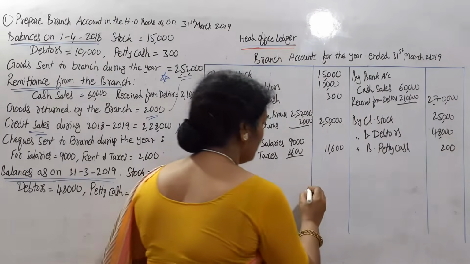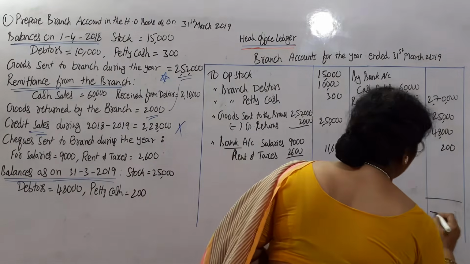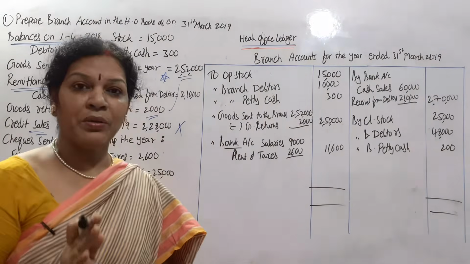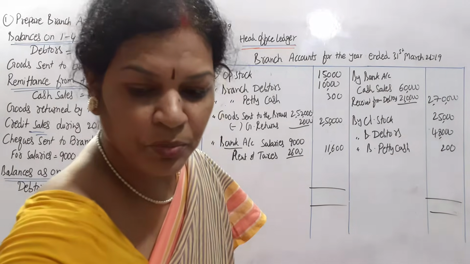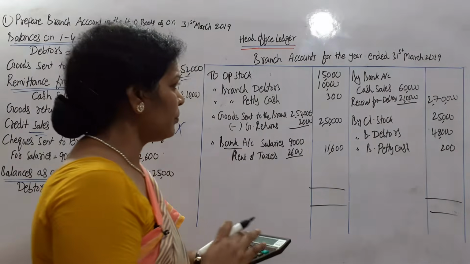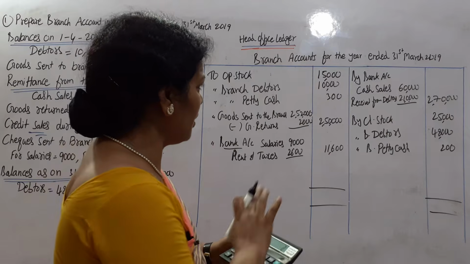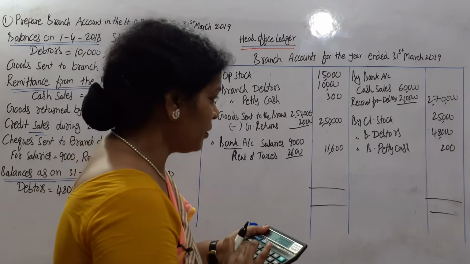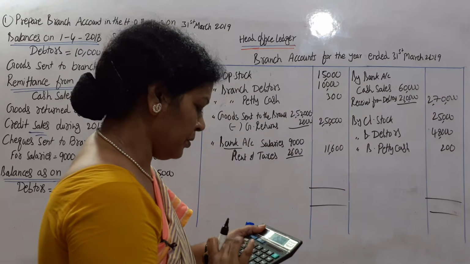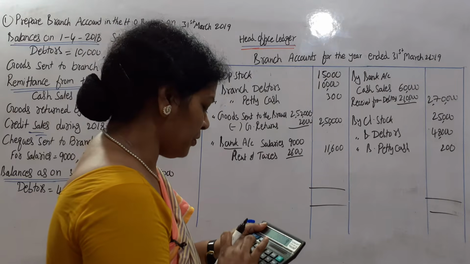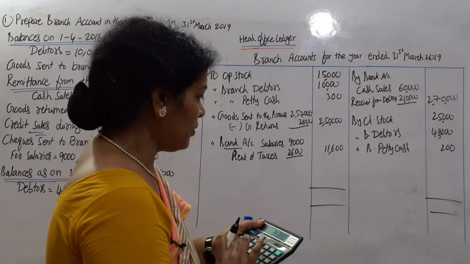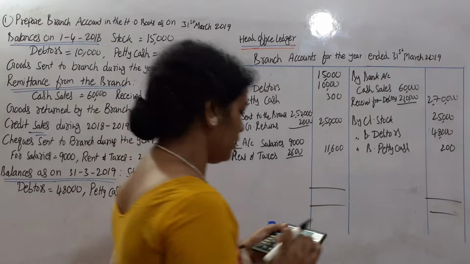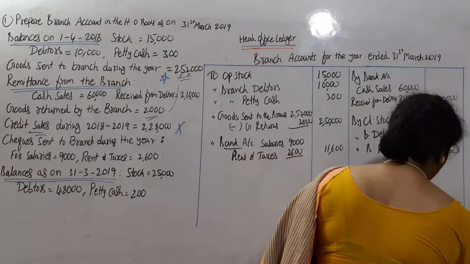Now what we'll do? We'll close this. So when we close it, we'll see which side is more. 2,70,000, I think credit side is more. 2,70,000 plus 25,000 plus 48,000 plus 200 is 3,43,200.